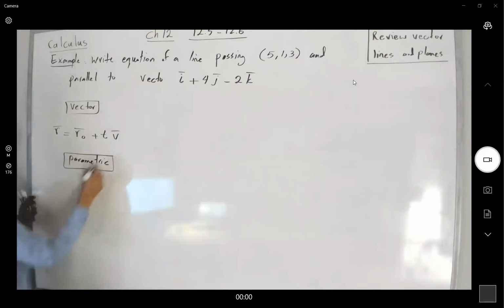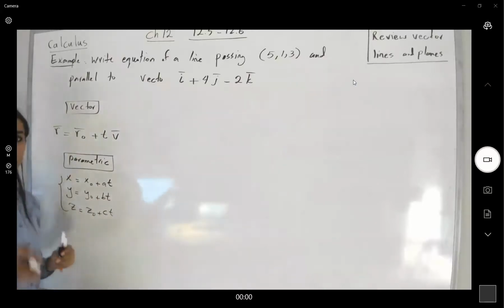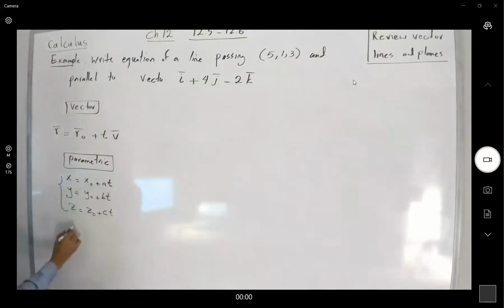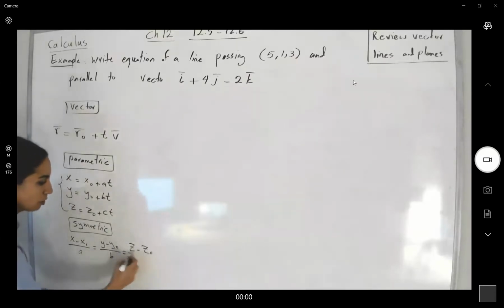The parametric form is X equals X sub 0 plus AT, Y is equal to Y sub 0 plus BT, and Z is equal to Z sub 0 plus CT. And finally, we talked about symmetric form. For symmetric form, we're just coming from the parametric form. So you have X minus X sub 0 over A equals Y minus Y sub 0 over B equals Z minus Z sub 0 over C.